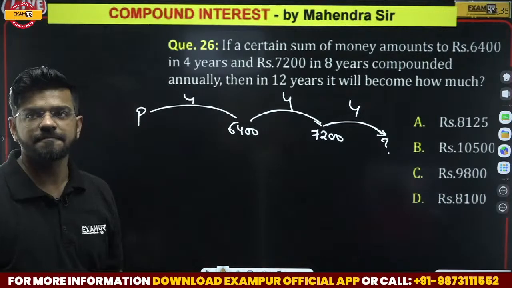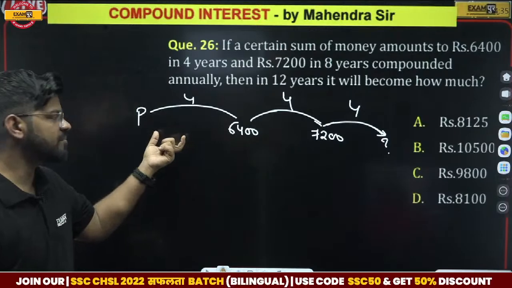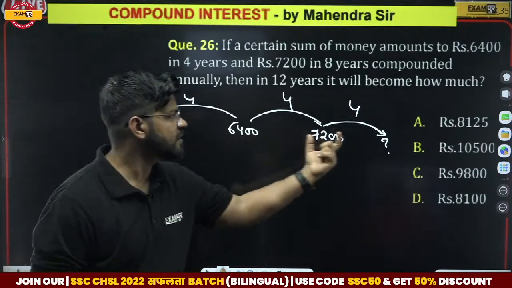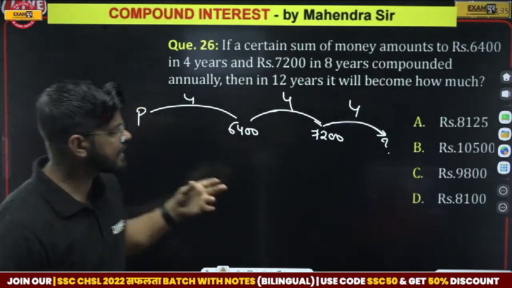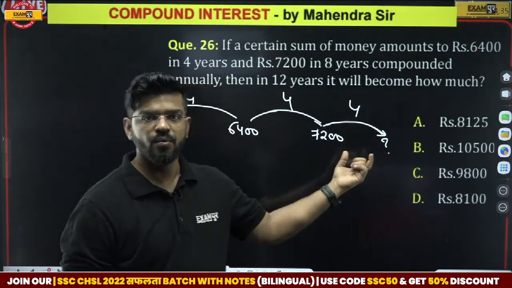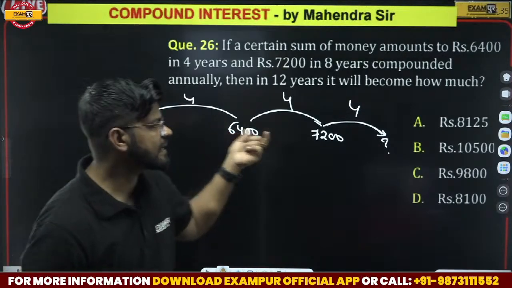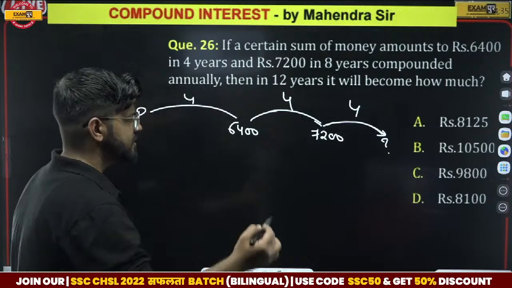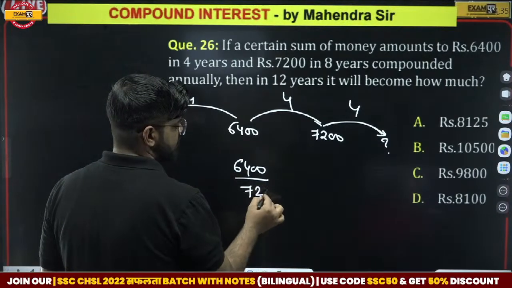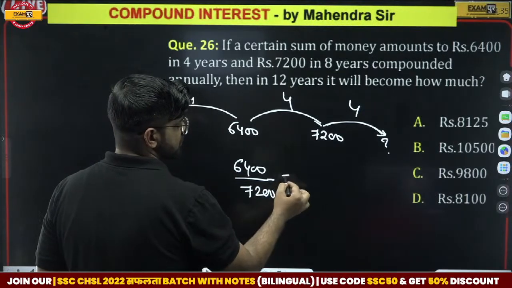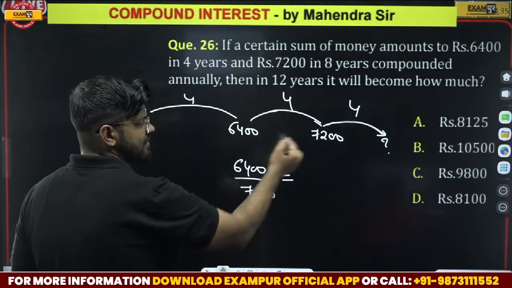Here is my answer. You know that whatever the ratio is here, we will get the same ratio here, and the same ratio here. Do we have to calculate P to give the answer, or can we directly calculate this? Let's see. 6400 upon 7200 is equal to, you can cancel out here only.